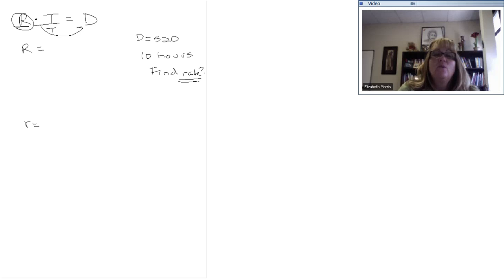Whatever I do to one side, I do to the other. That becomes a 1. So R equals distance divided by time. Now let's go to our problem. If R is equal to distance divided by time, then in our problem, R is equal to 520 divided by 10, the time. So the rate is 52 miles per hour.